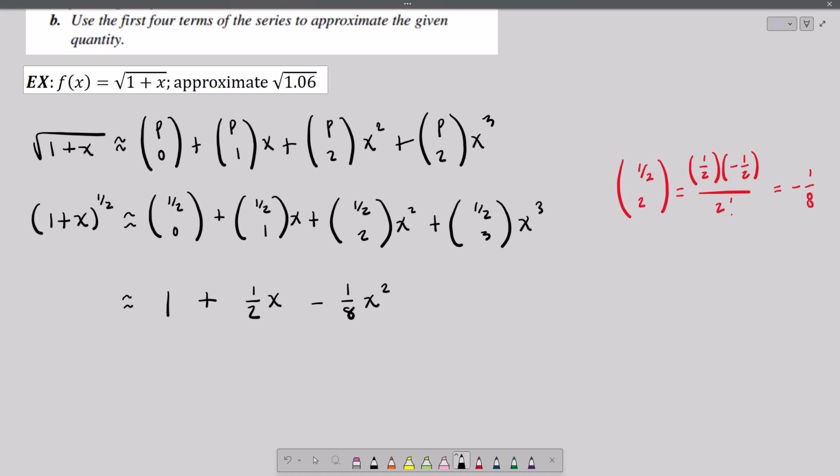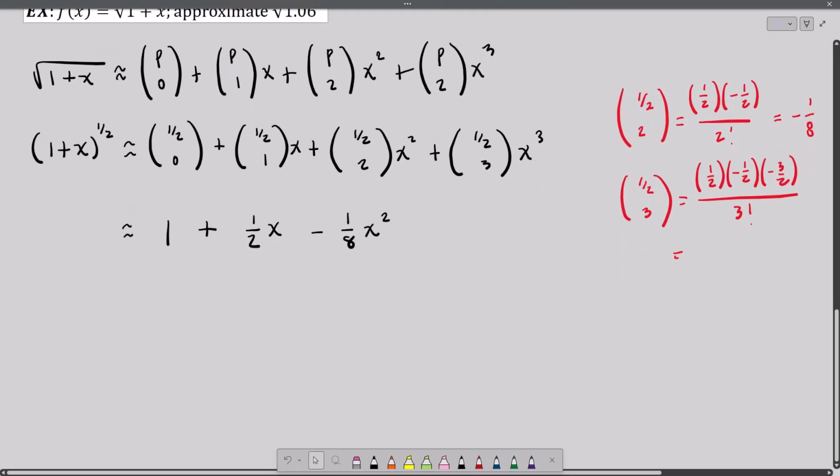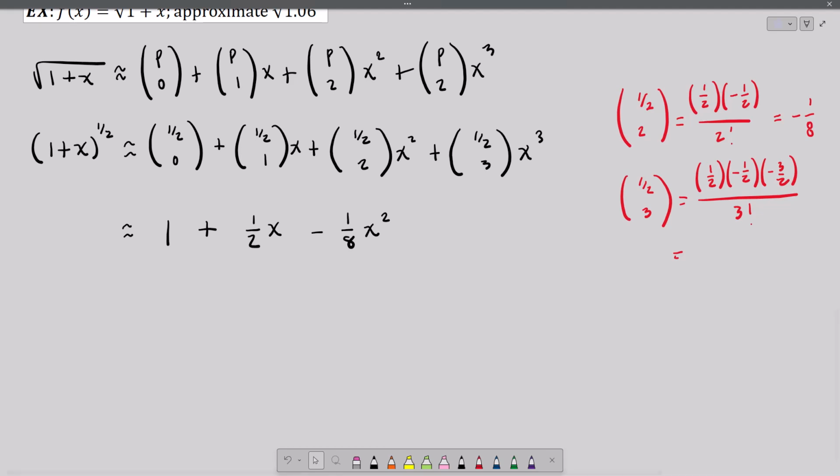And then we get to the next one, 1/2 choose 3. So once again, we start the numerator at 1/2. We do repeated subtraction by 1. And repeated subtraction by 1 is going to give us a numerator that looks like that. So we want to do repeated subtraction until we have 3 factors. This one's going to be positive.